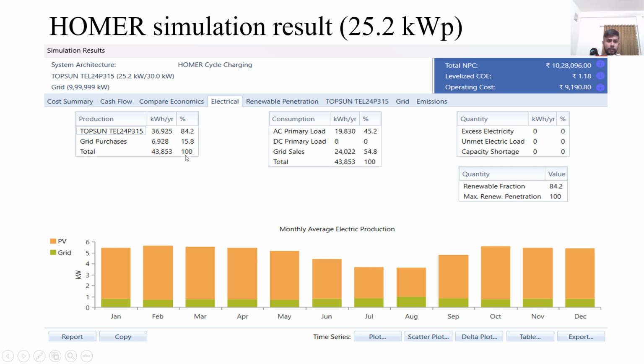So total is 100%, out of which 84.2% power is produced with the help of renewable energy resources connected at the location. So the renewable energy penetration is 84.2%.